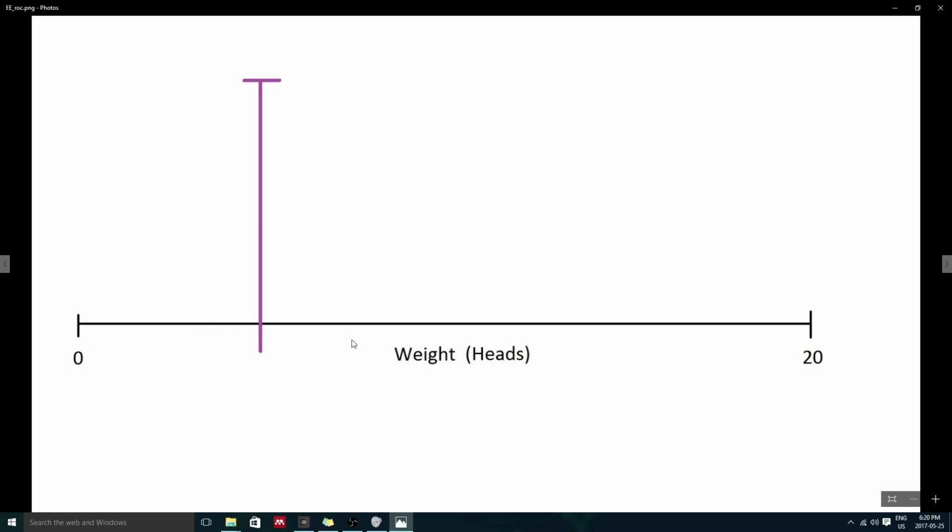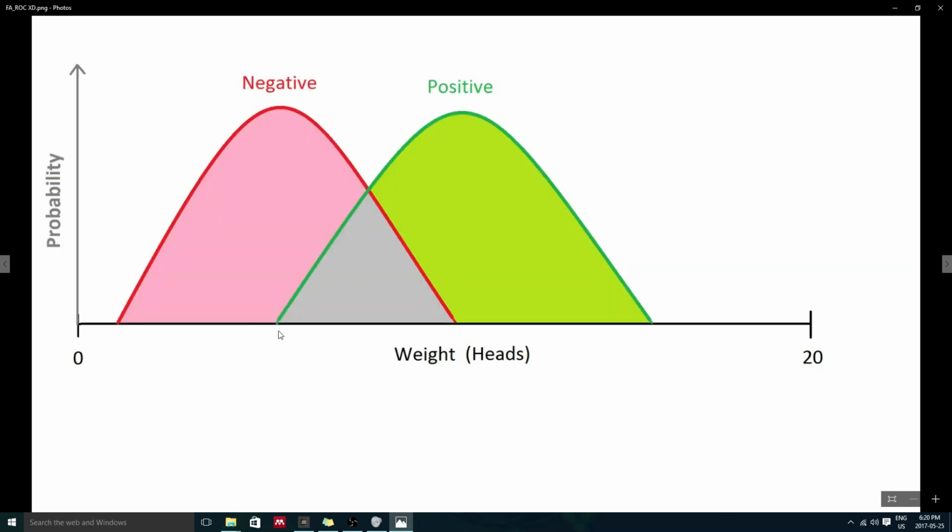Now let's map the probability distributions of achieving a positive desired result and a negative undesirable result onto our weight distribution, like this. So, we're theoretically adding a y-axis that represents probability, and each of these normal distributions represents the complete probability of achieving a positive desired result or a negative undesired result.